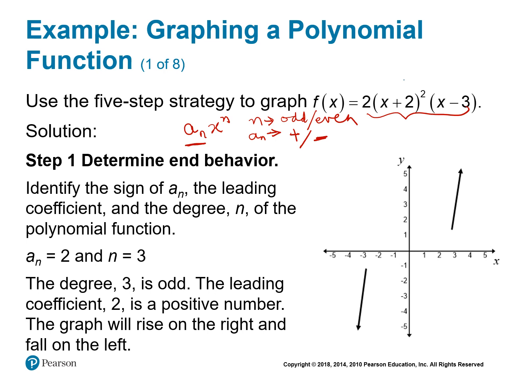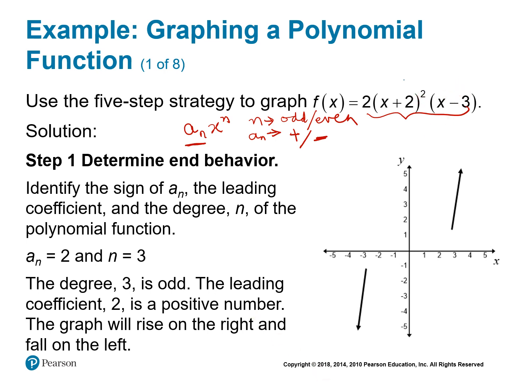In the first factor, x plus 2 squared, we have 2 for an exponent, and in this factor x minus 3 we have 1, correct? The exponent is not visible, but it is 1. You can understand that. So we add that up. 2 plus 1 is 3.